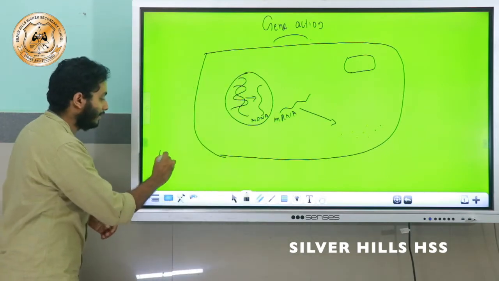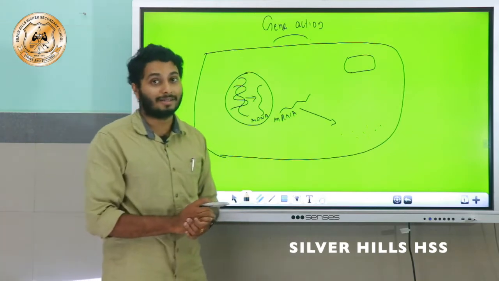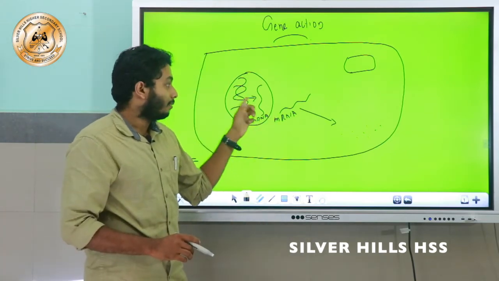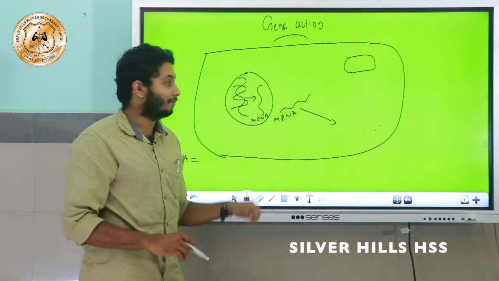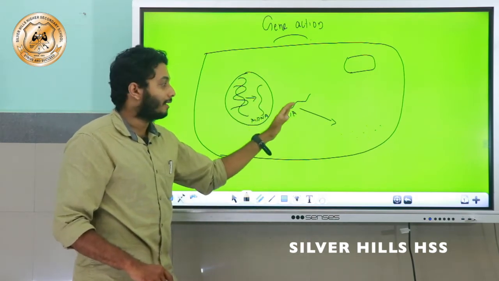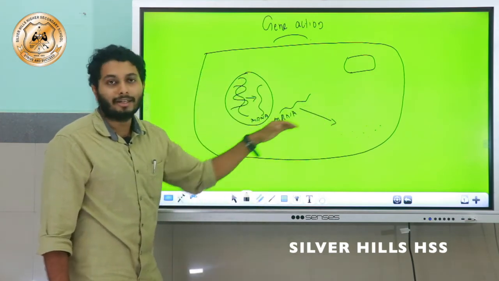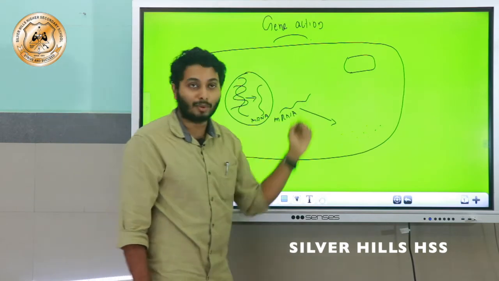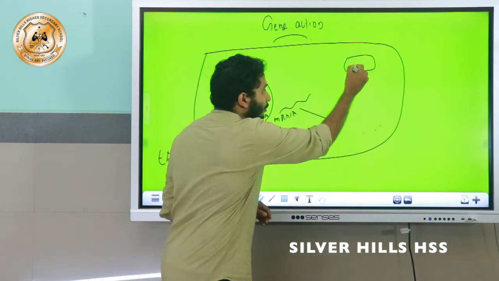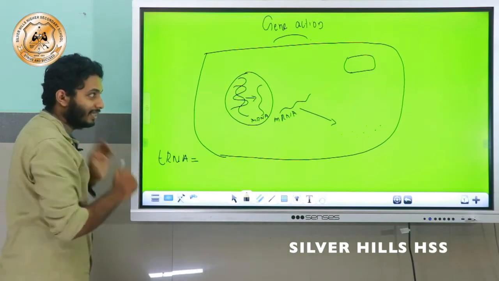I repeat, tRNA. tRNA stands for transfer RNA. The mRNA moves from the nucleus to the cytoplasm, breaking the nuclear membrane, and after that it identifies the amino acid, and that identified amino acid is transported into the cell organelle ribosome by means of another RNA called tRNA.